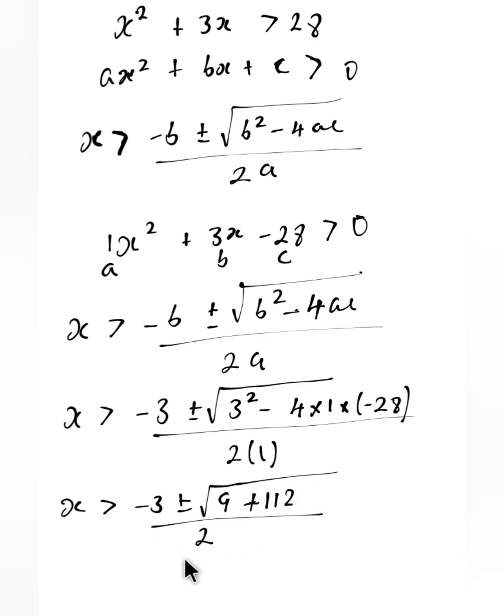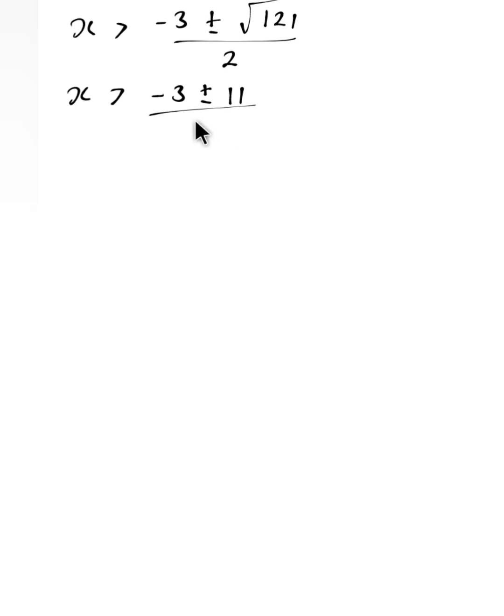All over 2. So this gives us x is greater than minus 3 plus or minus the square root of 121 all over 2. We stop at x is greater than minus 3 plus or minus the square root of 121 over 2. So x is greater than minus 3 plus or minus the square root of 121, which is 11, over 2.